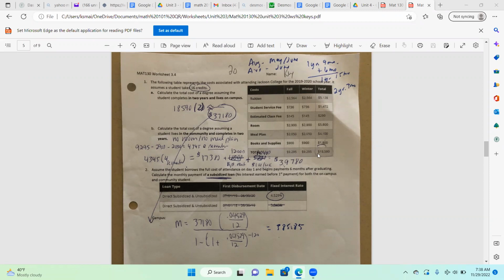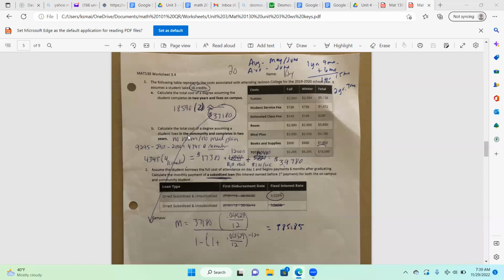So the total for each semester, fall and winter, and the total for the year. So it says calculate the total cost of a degree, assuming the student completes 2 years. So that means it would be the $18,590 for 1 year times 2. So the cost would be $37,180.